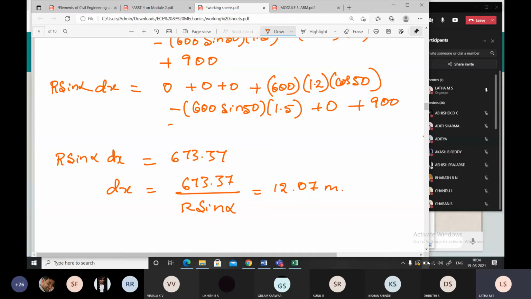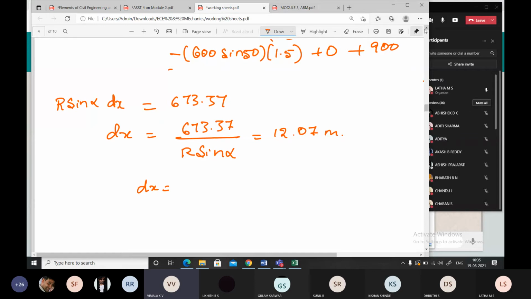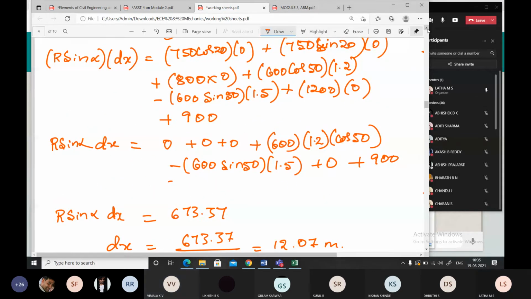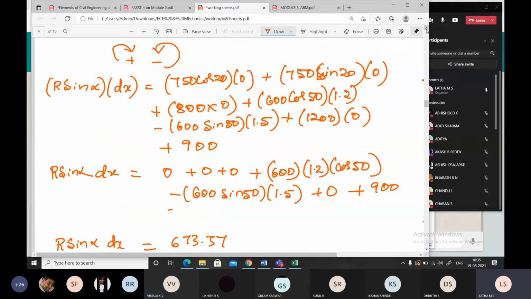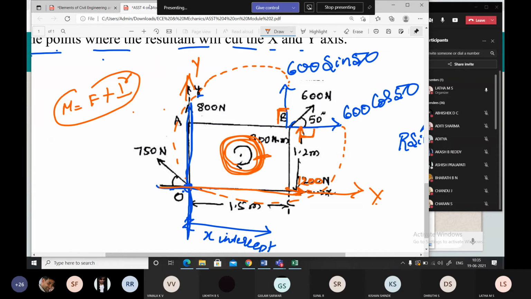Do you get the same answer, others? Anybody else? Any other answer you're getting? Ma'am, 0.44 I'm getting. R sin alpha is clockwise or anti-clockwise? When it is moving, clockwise or anti-clockwise?